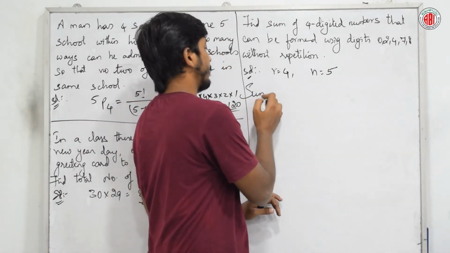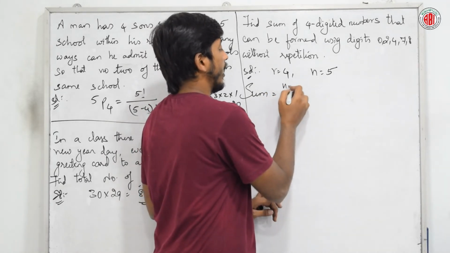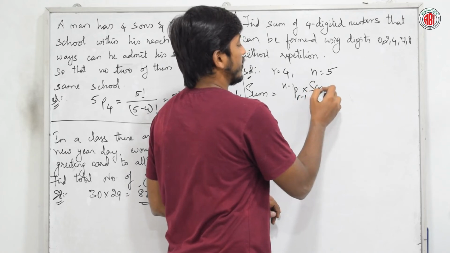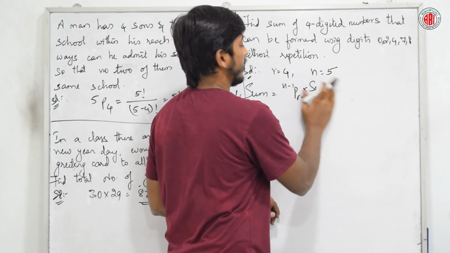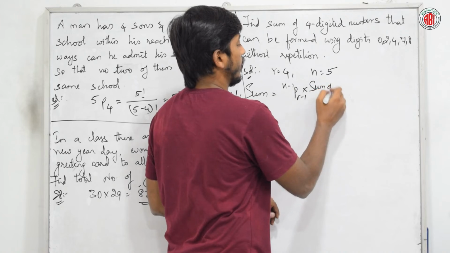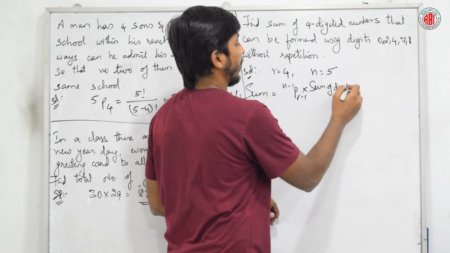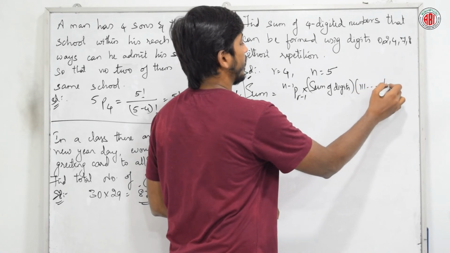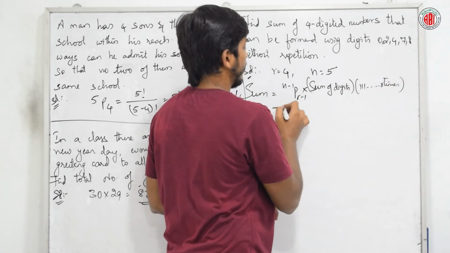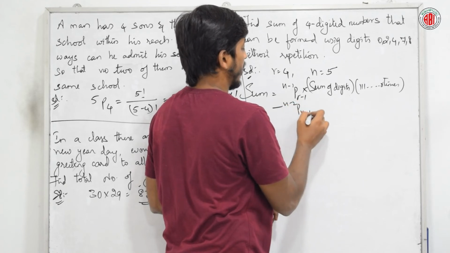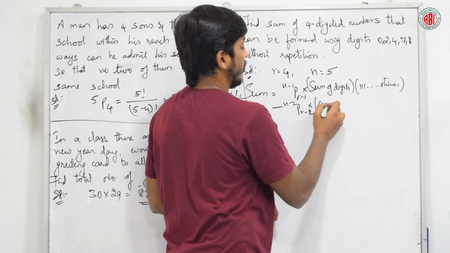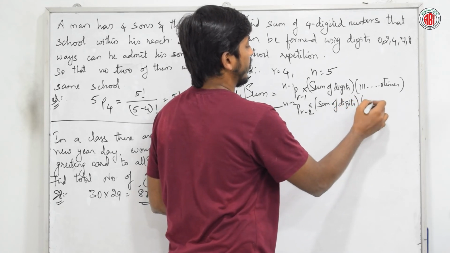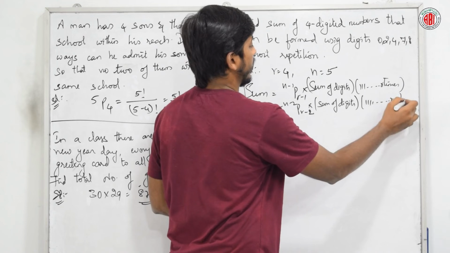The sum is equal to (n-1)P(r-1) into sum of digits into 111 and so on up to r times, minus (n-2)P(r-2) into sum of digits into 111 and so on up to r-1 times.